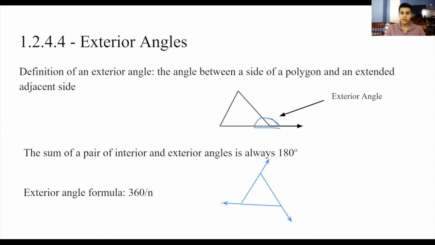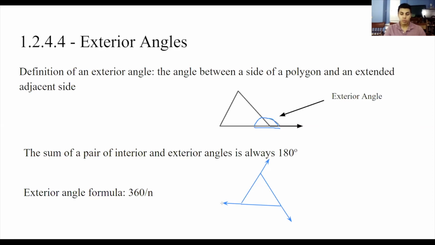And that means that you can use this formula, that you know that all three of these angles add up to 360 degrees, to find the total number of degrees per exterior angle. So in this case, if we had an equilateral triangle, then n would have to be 3 because there are 3 sides, 3 angles. And so 360 divided by n, in this case, would get you 120 degrees per exterior angle in a regular triangle.